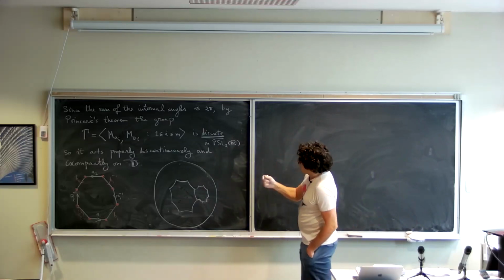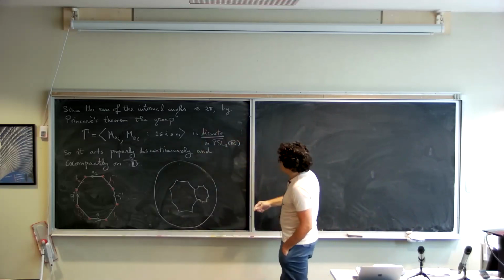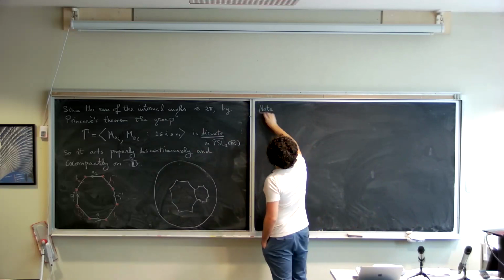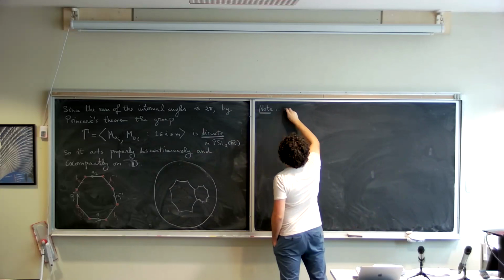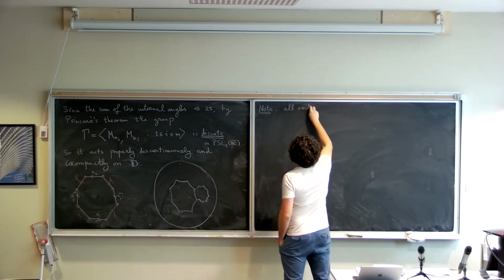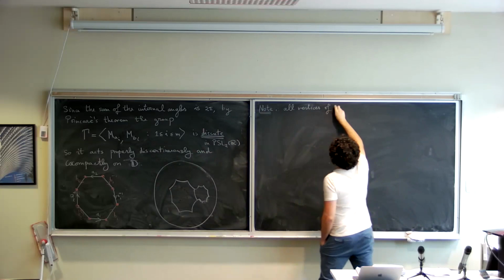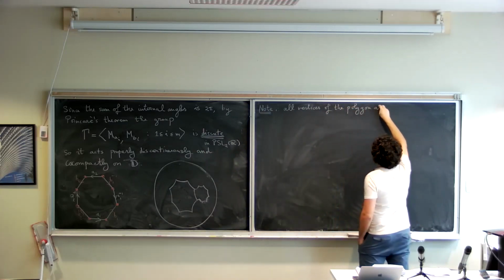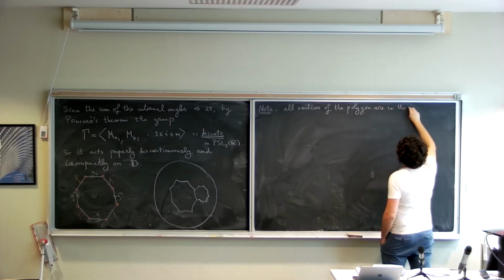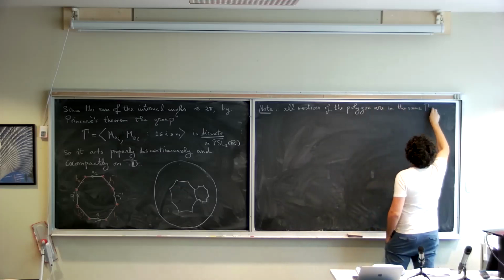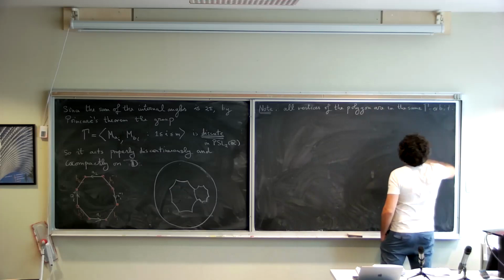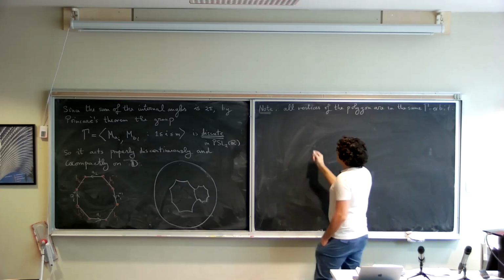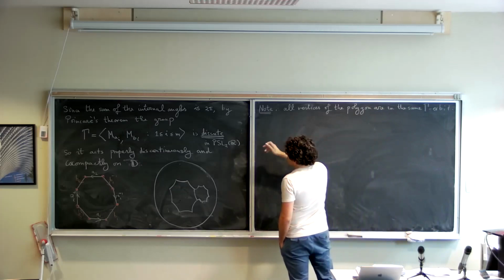But in general, note that all vertices of the polygon are in the same gamma orbit. And in fact, we can consider the characteristic. What is the quotient?